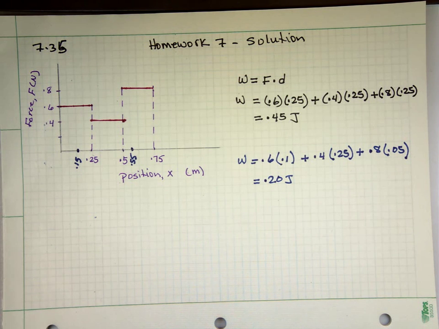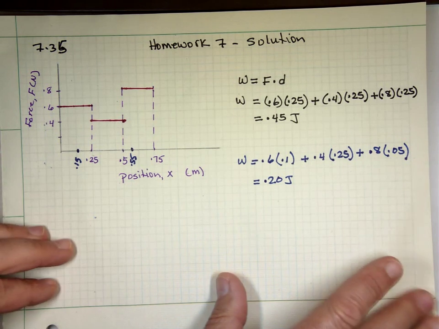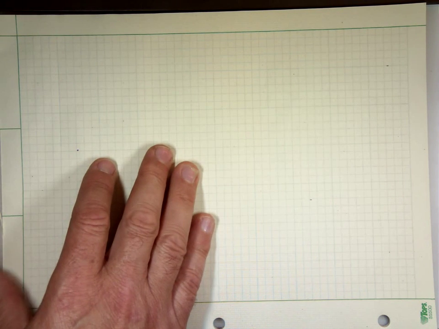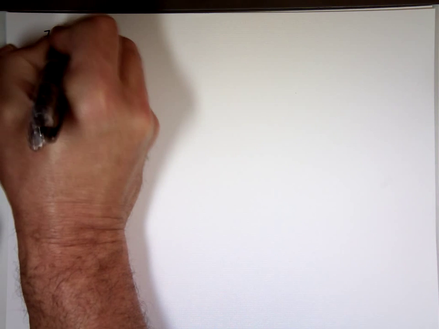Let's look at 7.45. I'll use normal paper. Calculate the power.